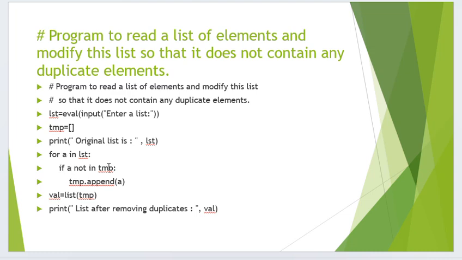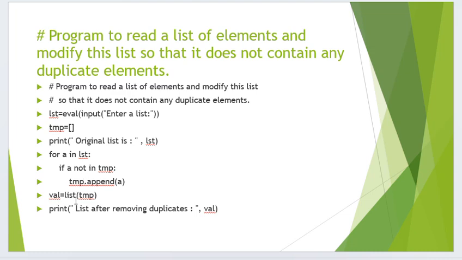If A not in temp, it means the element which we have read from the list does not exist in the temp list, then what we are doing, we are appending it and we are passing the value A to that list, so that element will be added at the end, and this will keep on going. If this condition is false, we are not doing anything because nothing is to be done. We have to insert only new elements, so we have inserted.